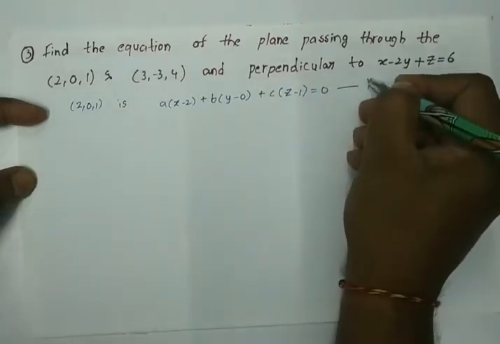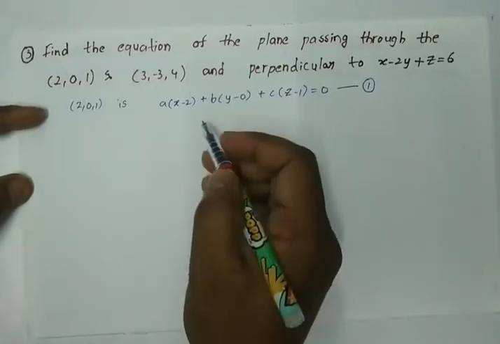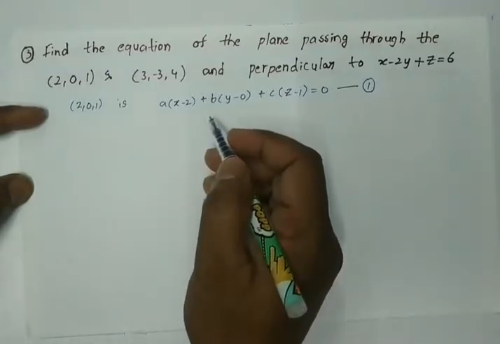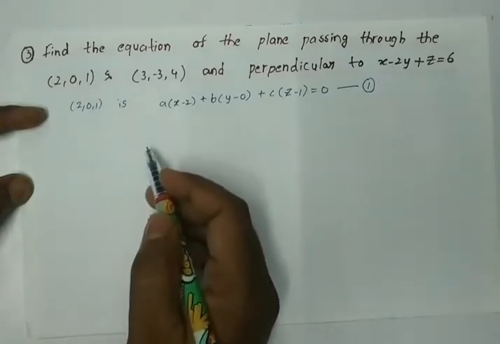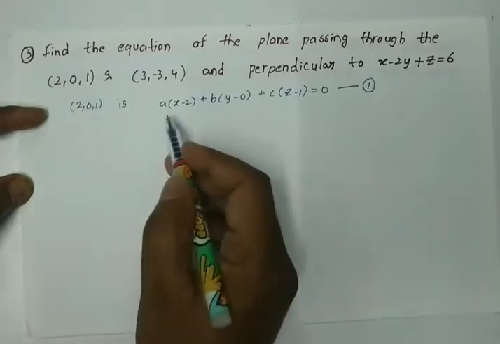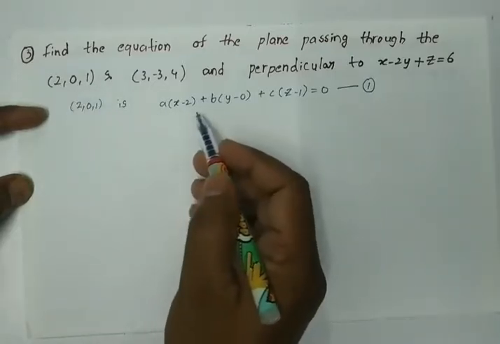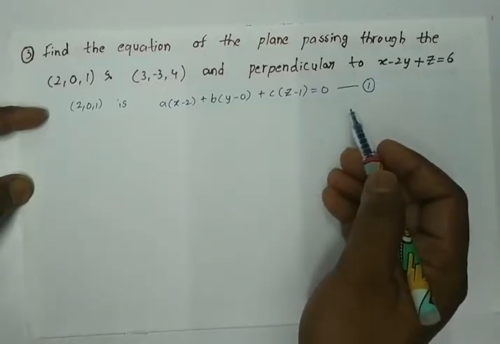Let us name this equation 1. So here the equation of the plane passing through the point (2, 0, 1) is given by a(x - 2) + b(y - 0) + c(z - 1) = 0.